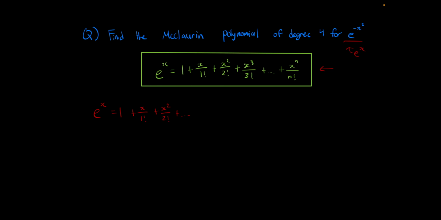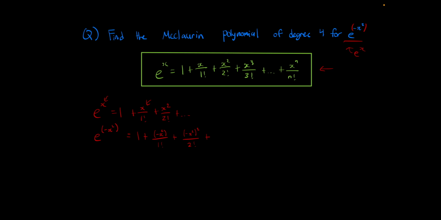Now, all we have to do is replace this to this, and that will help you expand it out. So you put in the negative x squared, and now you just replace all x's with negative x squared. So that will look like negative x squared over 1 factorial plus negative x squared squared over 2 factorial.